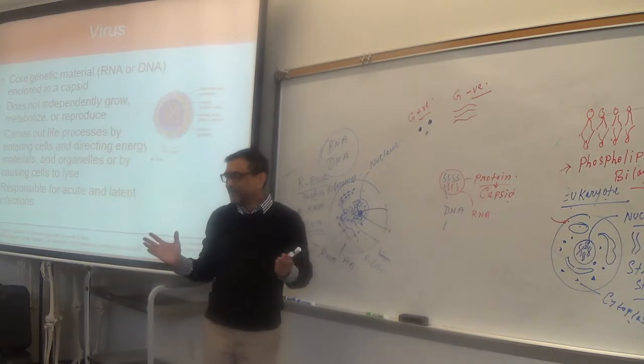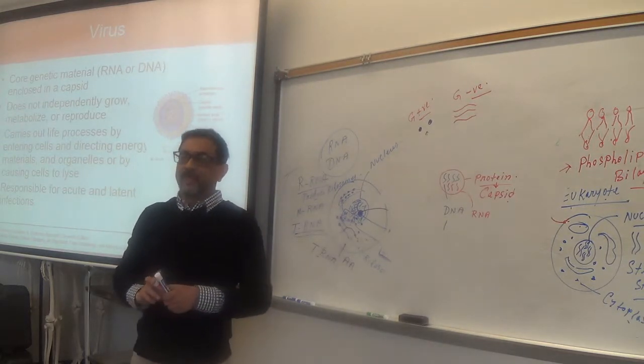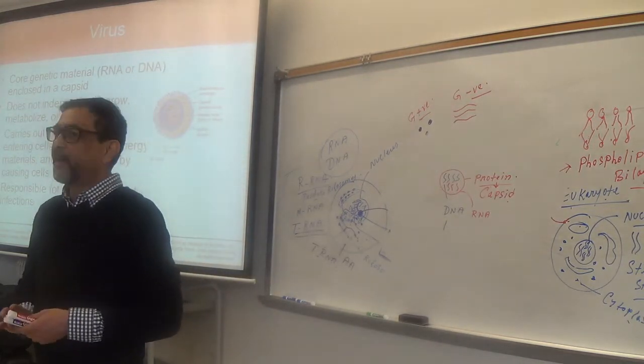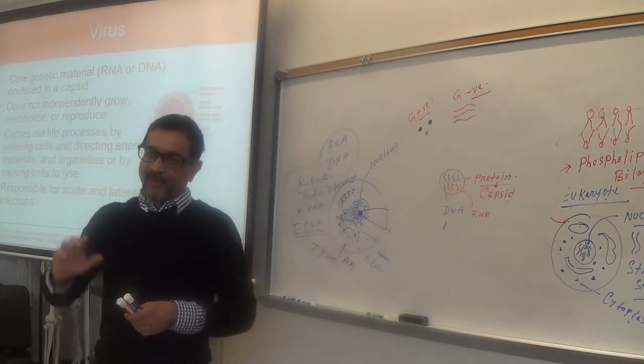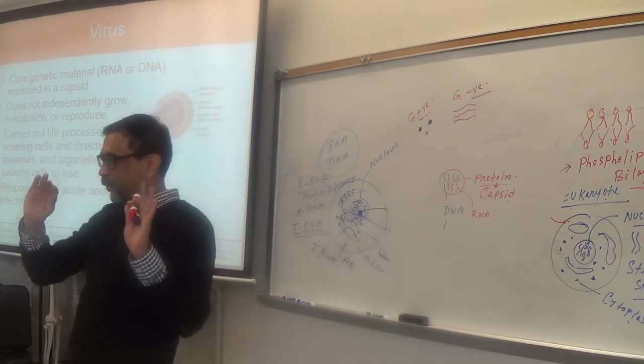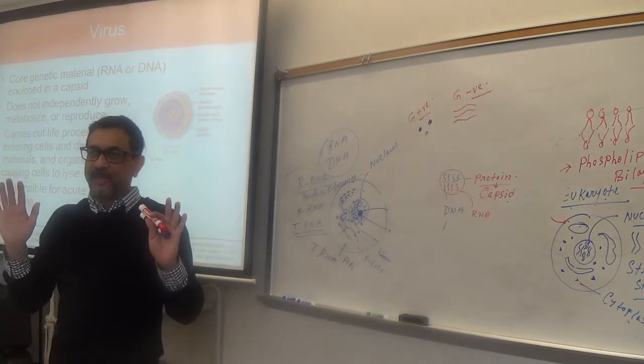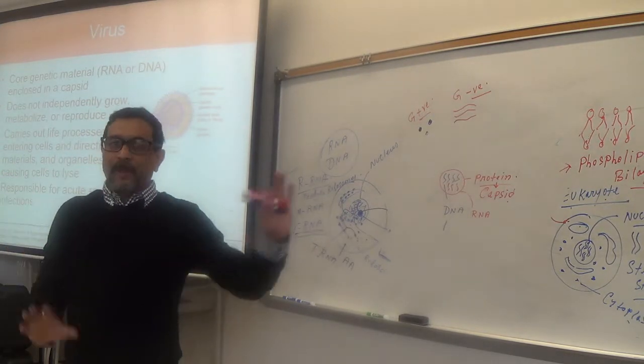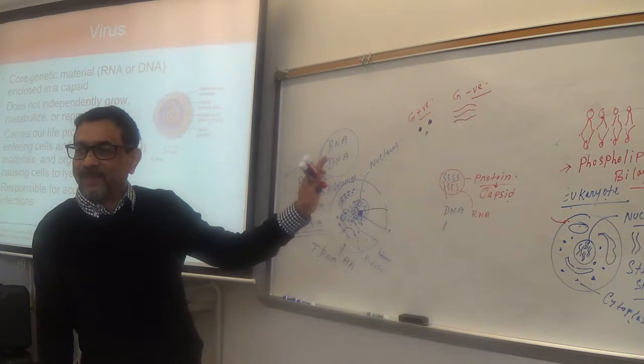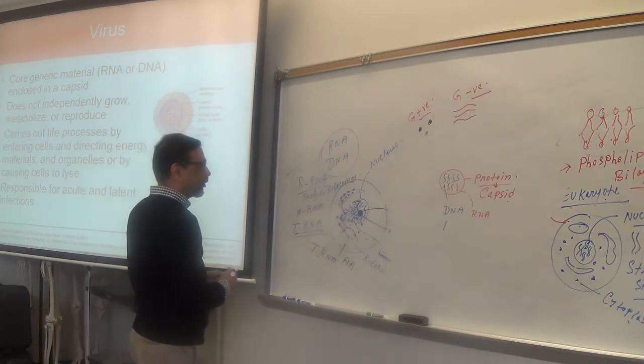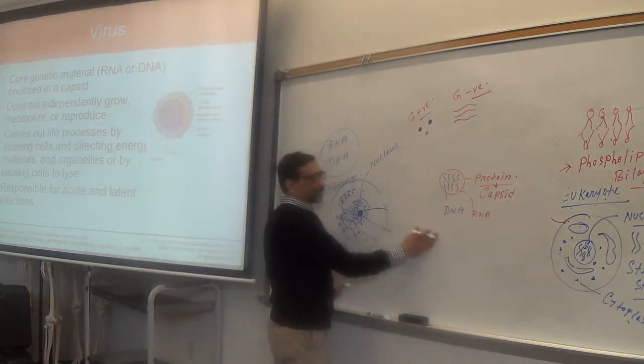So very simple, right? You have DNA and RNA inside it and covered by protein layer, capsid. So you see, nothing else is inside, right? So this is a very simple structure.